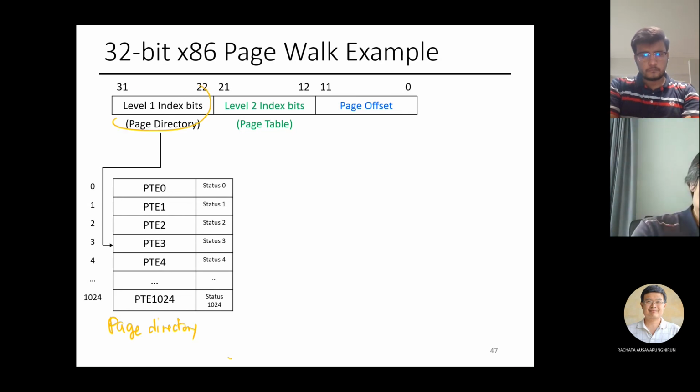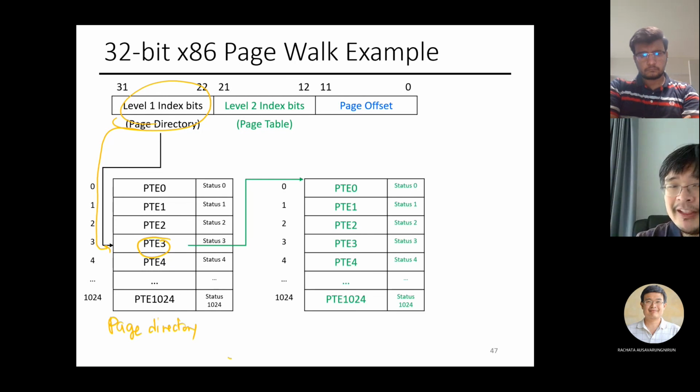So the number is used to index. If the number there is 3, you go to the fourth index, which corresponds to PTE number 3. This PTE number 3 would have the pointer that points to the next table. It basically contains the address of the next table. So you can imagine each one of these entries will point to a different table, right?